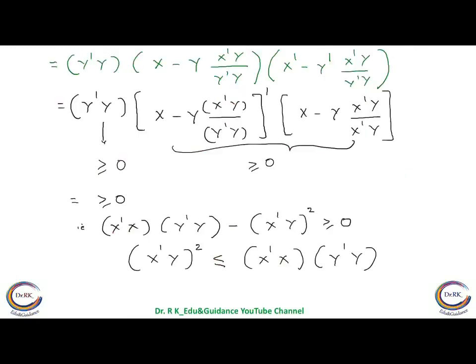This becomes y transpose y times something of the form z transpose z, where z is the vector, and z transpose z is always greater than or equal to 0. Also y transpose y is always greater than 0, therefore the total is greater than or equal to 0. That means (x transpose x)(y transpose y) minus (x transpose y) whole squared is greater than or equal to 0, or we can write it in the reverse. So this is the Cauchy-Schwarz inequality.